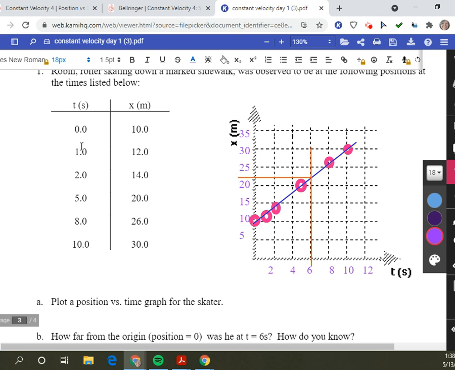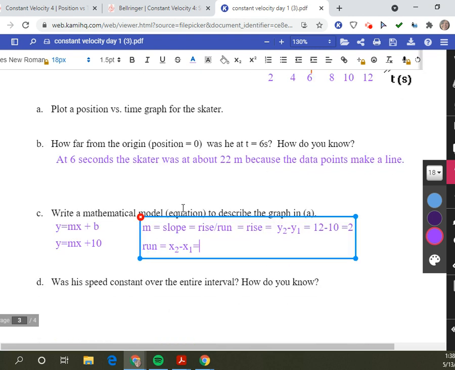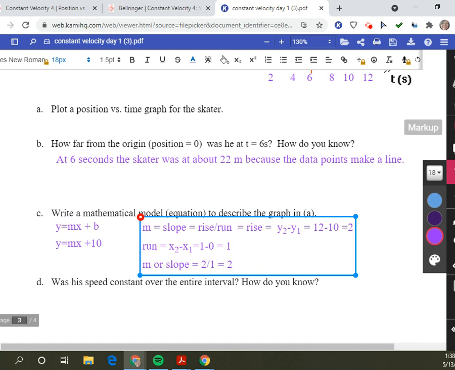Because we had this x minus 0. So 1 minus 0 is 1. So now we can say that m, or slope, equals 2 over 1. 2 divided by 1 is 2. So now we can go back and fill in our equation of the line. Y equals 2x plus 10.